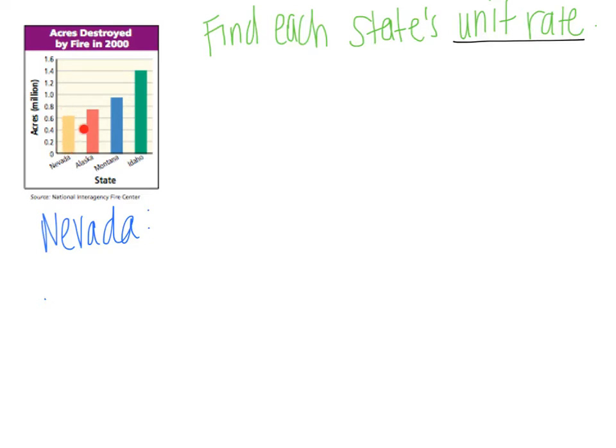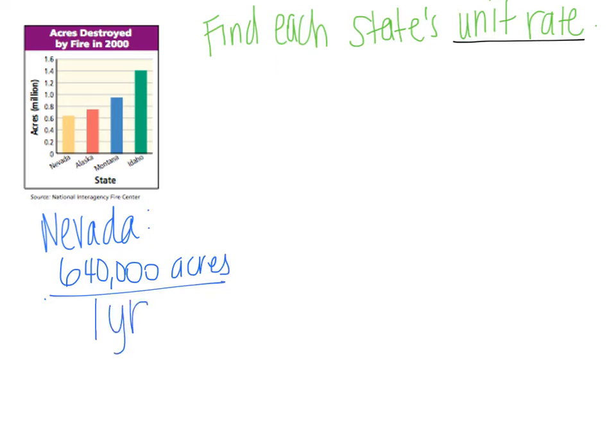This is around 0.6, so we're not at 1 million yet. This is around 600,000, but we're a little bit past halfway. So we can say that this is around 640,000 acres, and this is in the matter of 1 year, because they're saying in 2000.